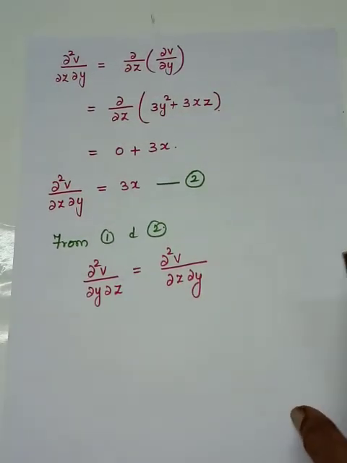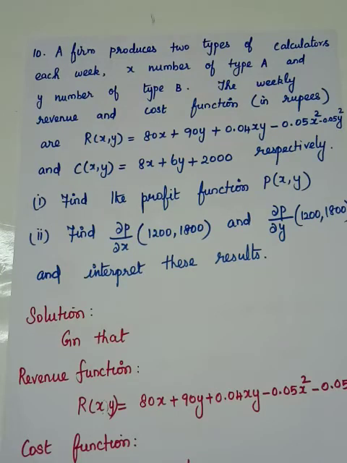And come to problem number 10. A firm produces 2 types of calculators each week: x number of type A and y number of type B. The weekly revenue and cost functions in rupees are R(x, y) = 80x + 90y + 0.04xy − 0.05x² − 0.05y².